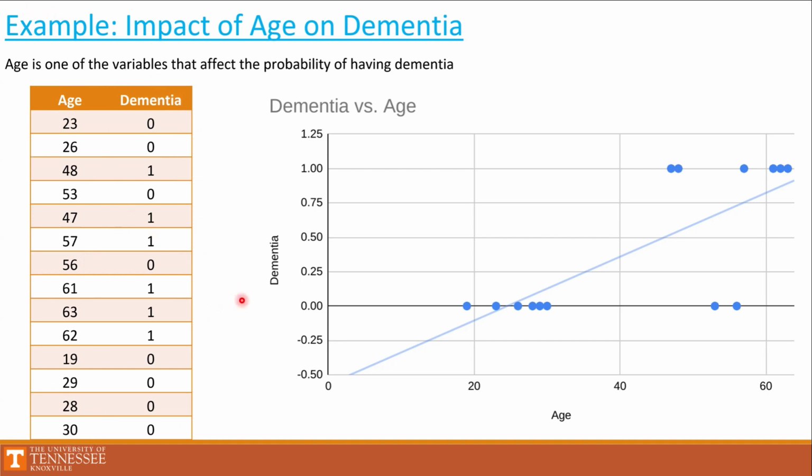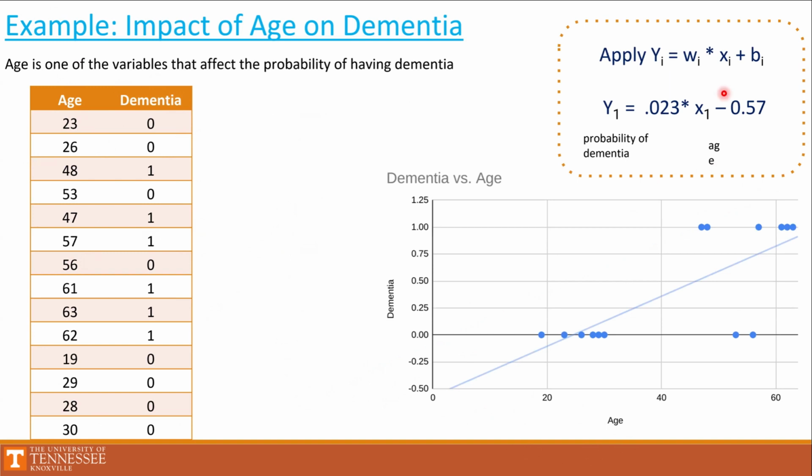The first thing that comes to mind is to plot this curve. When you plot it, here is the probability of dementia, here is the age, and this is your linear fit. You try to fit this data, and you get a relationship like that.